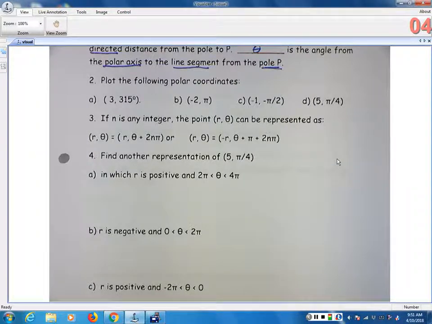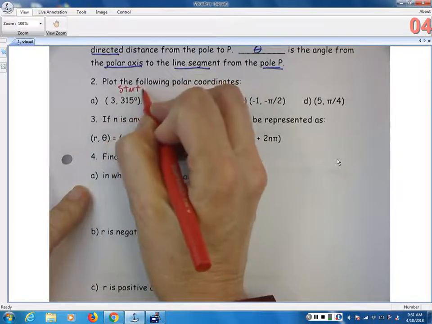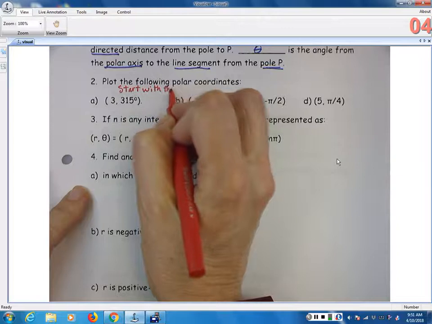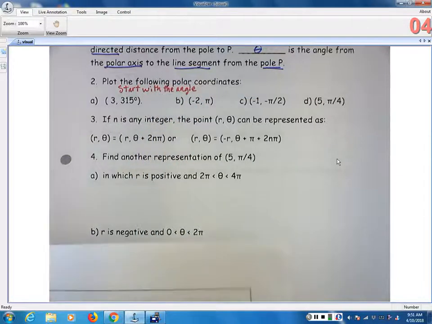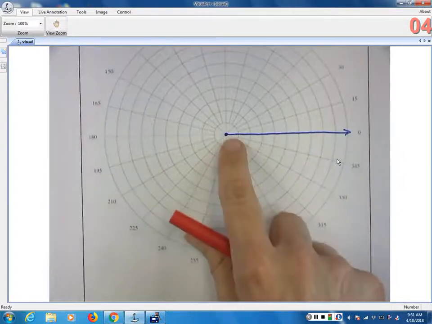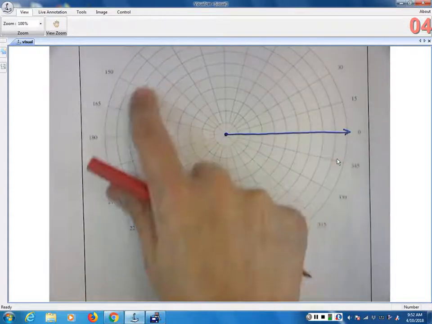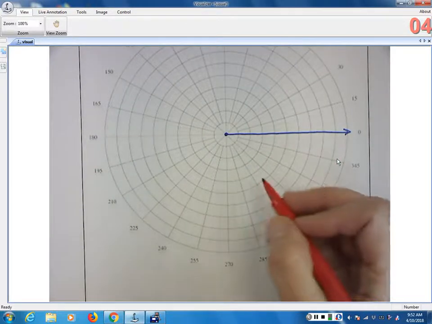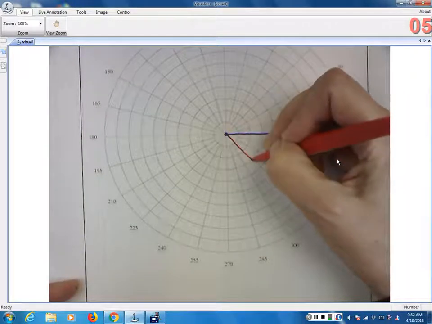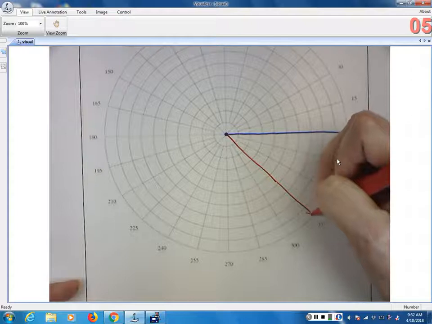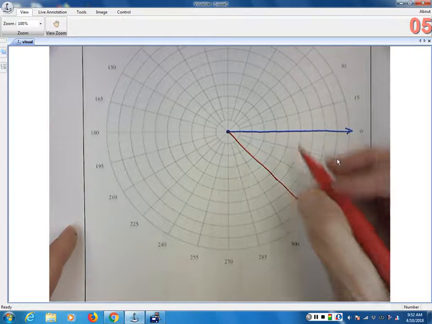You always start with your angle. We're going to do an angle in standard position, 315 degrees, is over here, and r is 3.